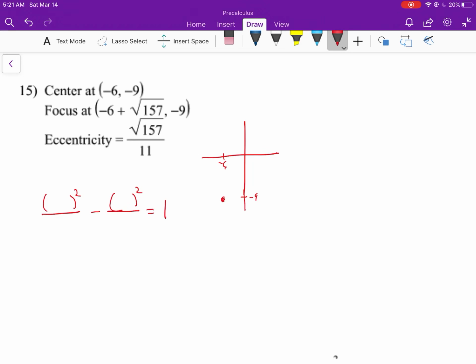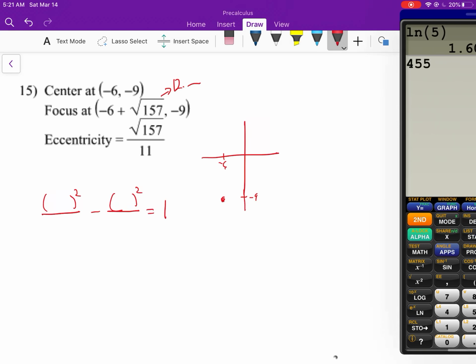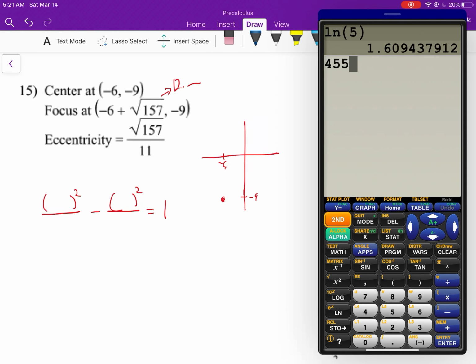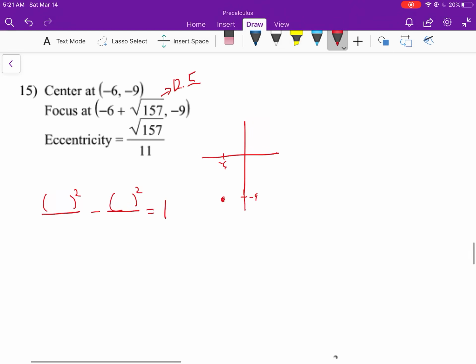And that tells us a focus point is -6 plus square root of 157. That's 12 point something. In fact, let's just go ahead and find that. So the square root of 157 is about 12.5. That'll just give us a good reference.